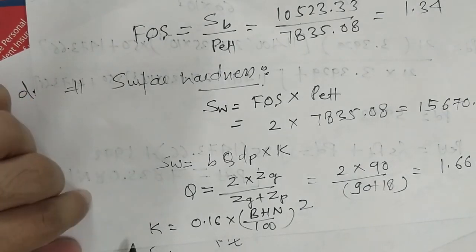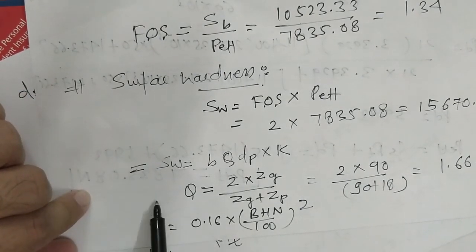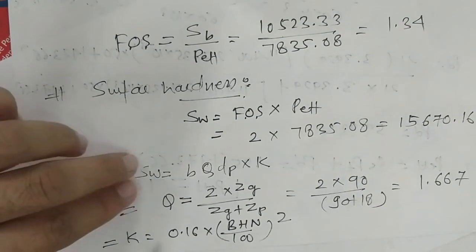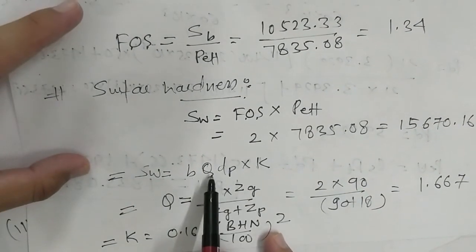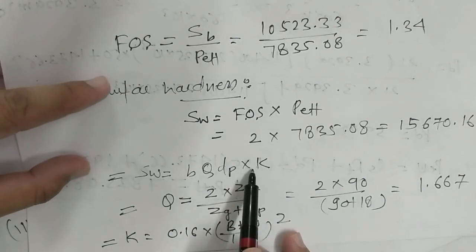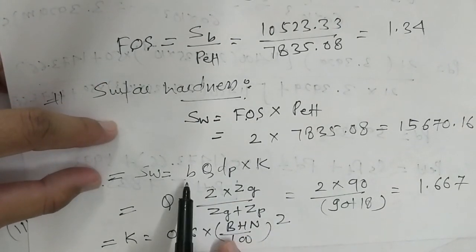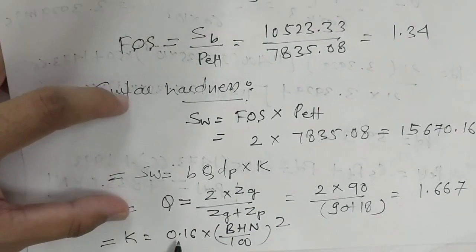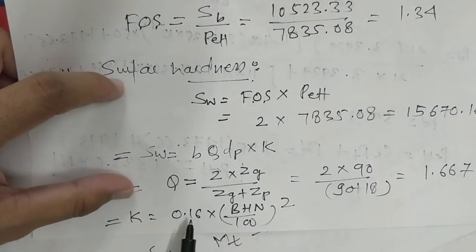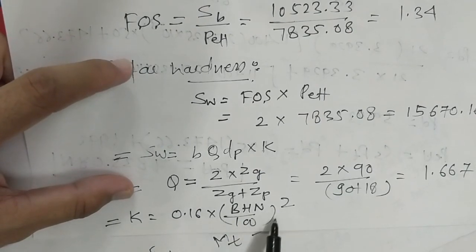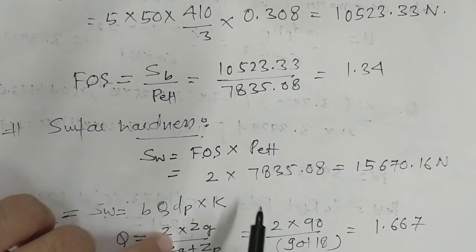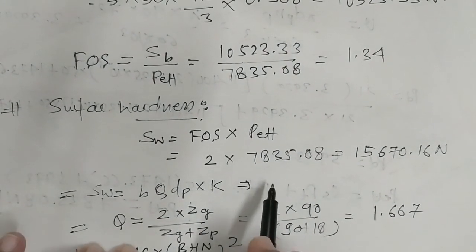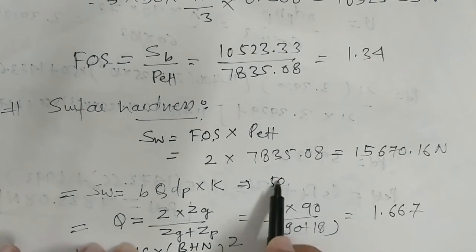The derivation of these all things we already explained in the lecture. So SW can be given as B Q dP multiplied by K. So dP already we know, B is known to us, Q we have calculated, K can be used as 0.16 BHN over 100 square.